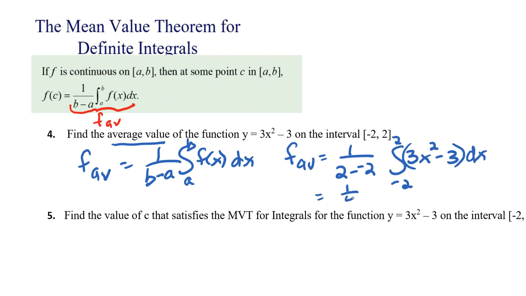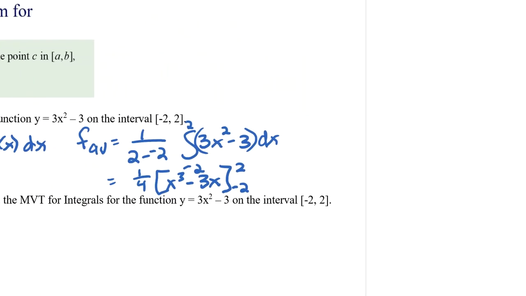So here we'll have 1/4, and I guess I could evaluate that right away. Our antiderivative would be x cubed minus 3x, evaluated from negative 2 to positive 2. And I'll continue up here. So we're finding our average value, 1/4. And now I evaluate our antiderivative at 2 would be an 8 minus a 6.